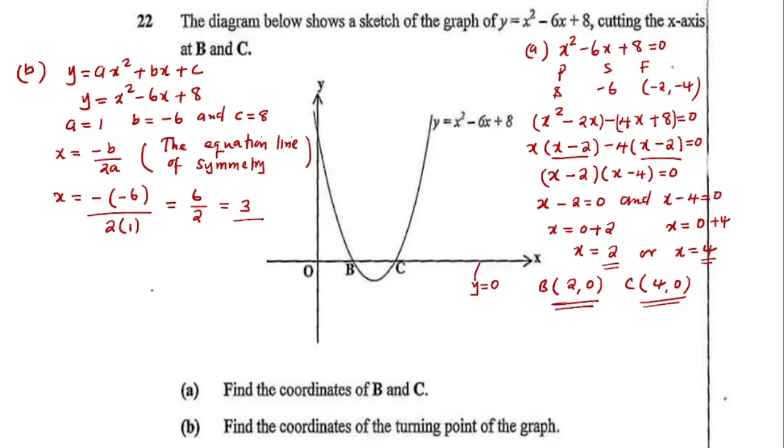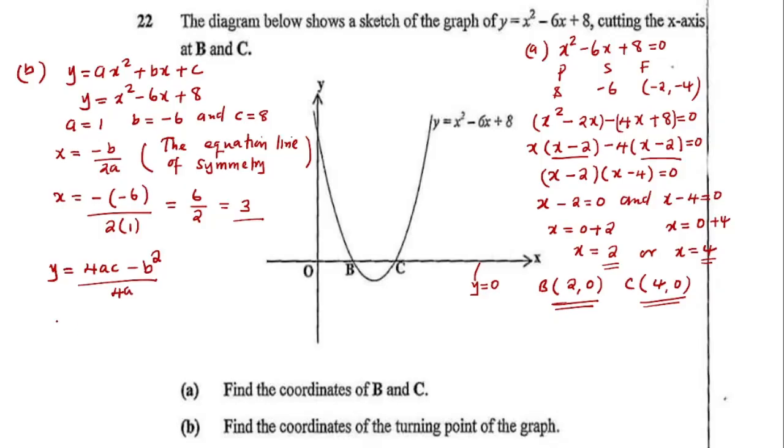After you find the value of x, you now have to find the value of y. The value of y is given by the formula y equals 4ac minus b squared over 4a.